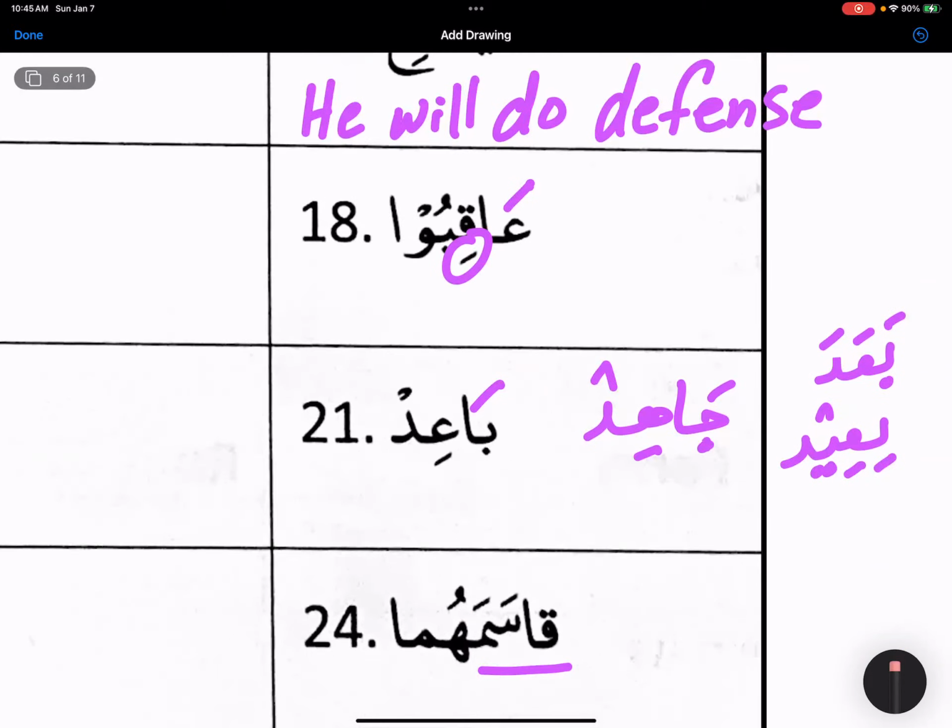Now tell me what is Qasama? How does it look? Fi'l madi. Fa'iluhu huwa. هو. And this is kaf sin mim, qasam. Right. So qasama, he took oath. Promised them. Huma, both of them. To them. Yeah, promised both of them.